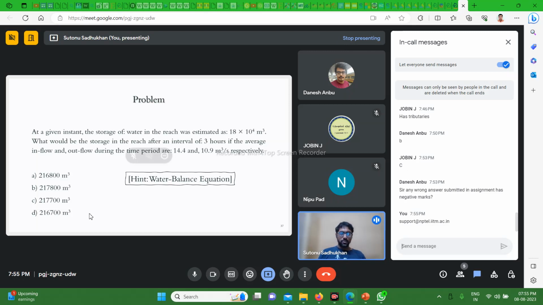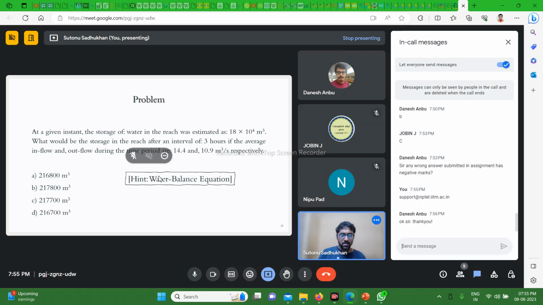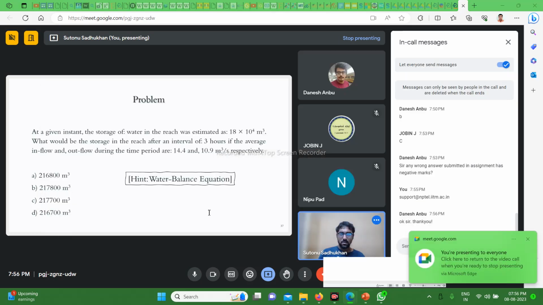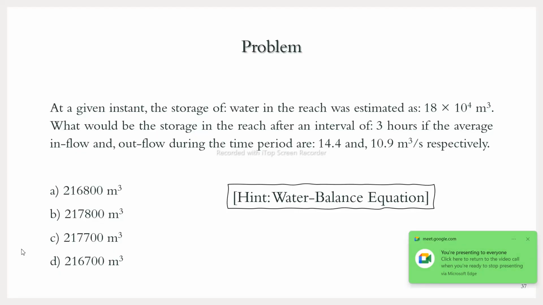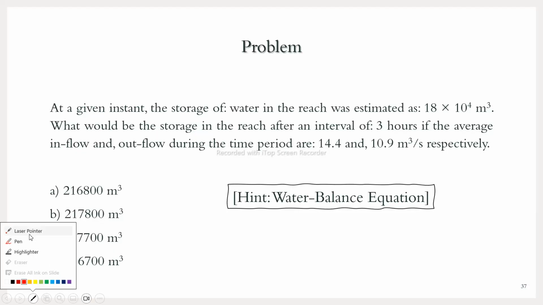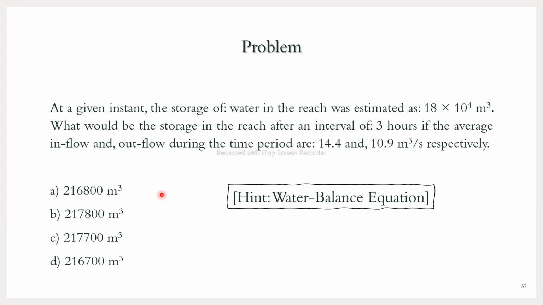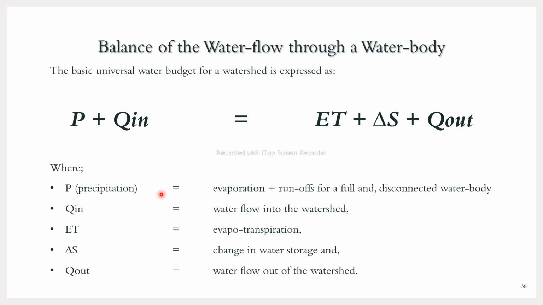Okay, so we will go with the solution of this problem. Jobin has given C. Here again you have to use the water balance equation and keep in mind which terms are becoming zero.